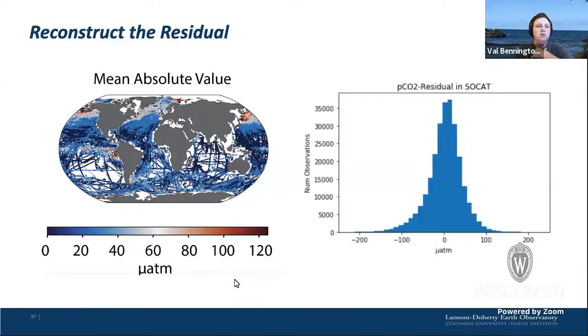And so this residual is small. And in the subpolar regions, this residual is large and has a seasonal cycle. And on the right, you see the histogram of all the calculated PCO2 residuals from observations. You see it's nicely normally distributed, which is good for machine learning.